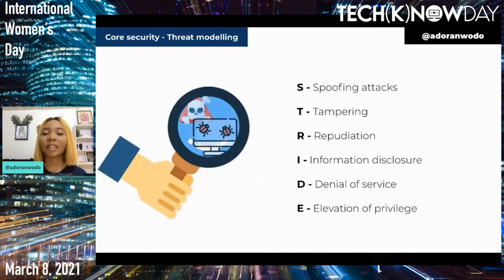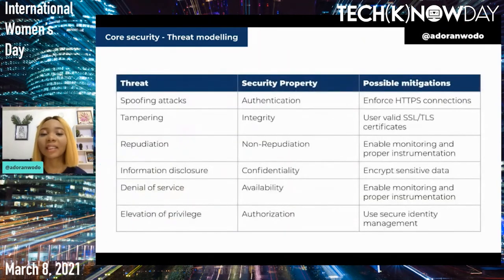And something else is considering threat modeling. Threat modeling is planning ahead to think about the possible threats that could exist in your system and how you want to go about mitigating them.